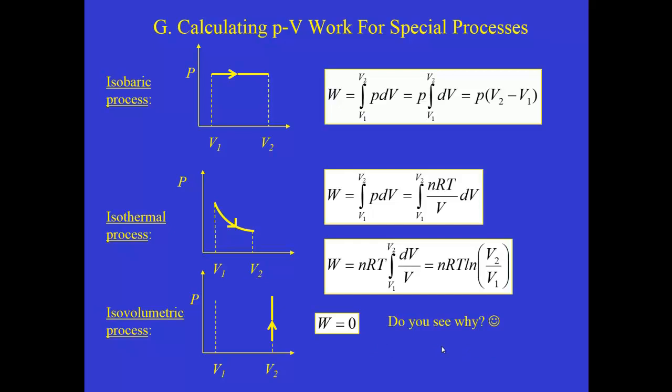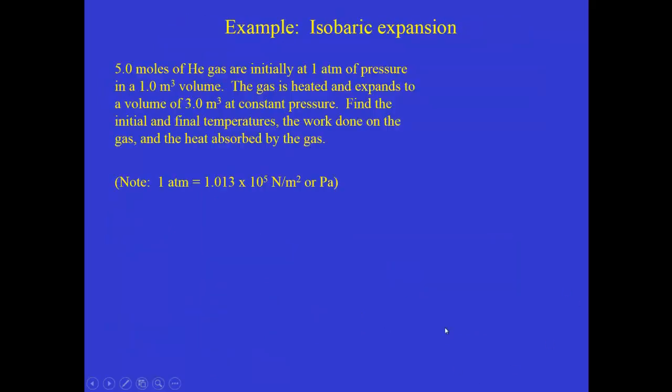So let me move on then and just finish by showing an example problem that I'll work out in class where we will put these concepts into practice. Imagine that we have an isobaric expansion of 5 moles of helium gas. The gas is initially at 1 atmosphere in a container with 1 cubic meter of volume.